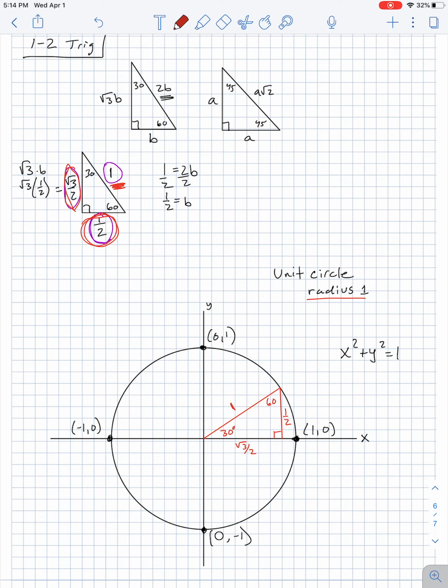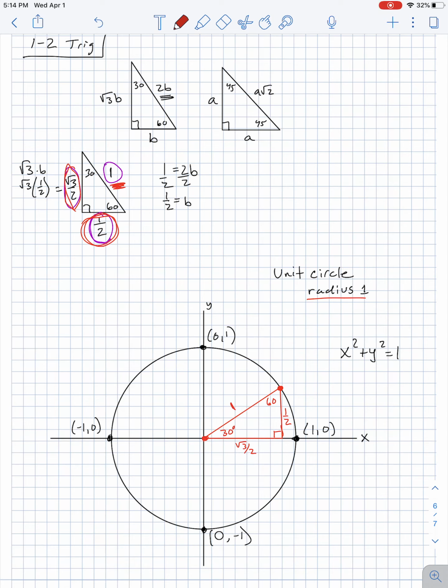So the question is, forget about the circle. Let's look at this point in terms of the xy coordinate system and ask, what is this point? Well, the way you measure points in the xy coordinate system is you start at 0 and ask how much do I go over and how much do I go up?